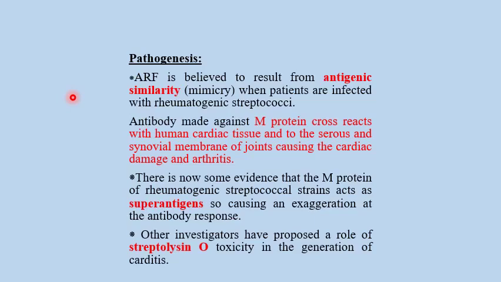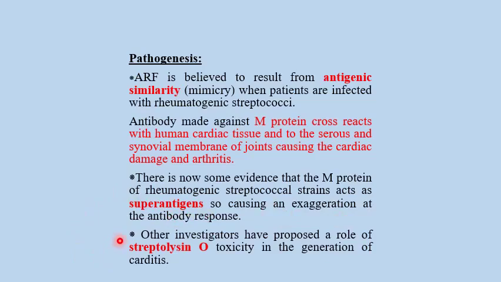This is the first point. The second thing: there is some evidence that the M protein of the rheumatogenic streptococci strain acts as a super antigen. So there is some evidence that this M protein of the rheumatogenic strains has super antigenicity, causing an exaggeration of the antibody response.